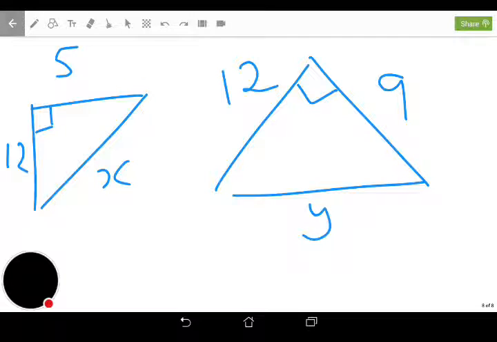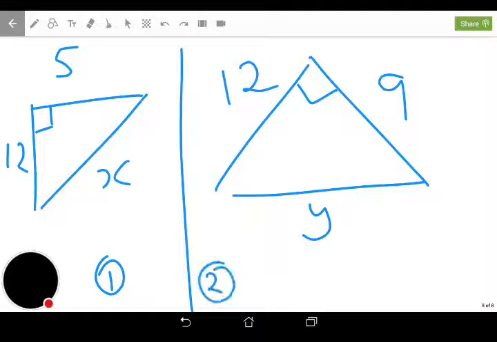Okay, if you can just have a go at these two questions, question 1 and question 2, and I'll give you about 3-4 minutes to work through that, and then we can go through the answers.